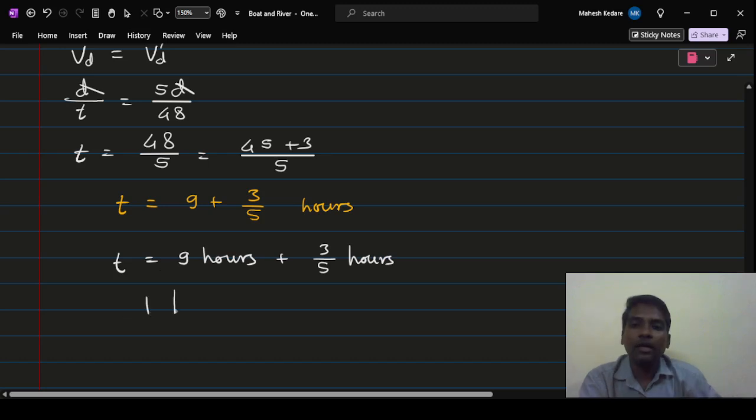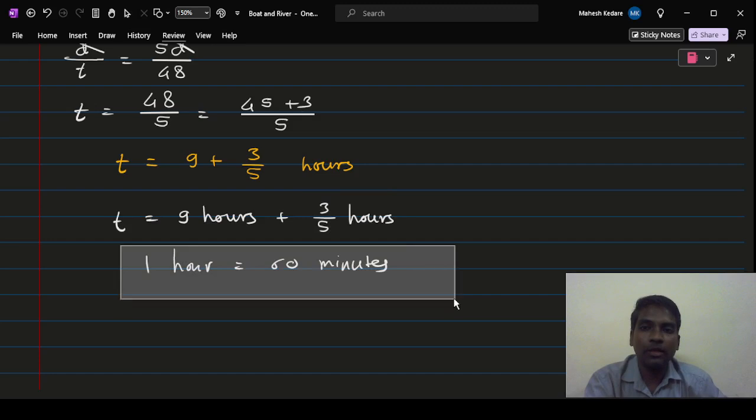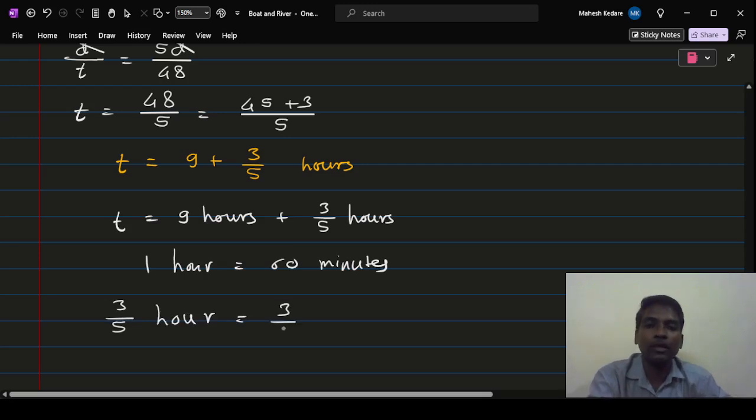Now we know that 1 hour is equal to 60 minutes. Then what minutes is 3 by 5 hours? We multiply both sides by 3 by 5. So on left hand side we will get 3 by 5 hour. On multiplying by 3 by 5, we also multiply on right hand side by the same number 3 by 5 and we get minutes.